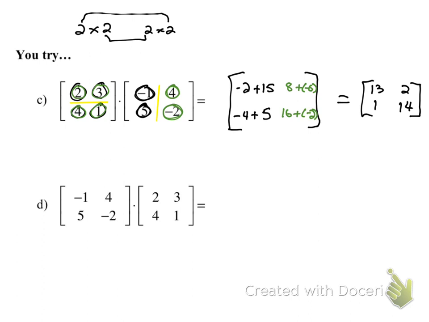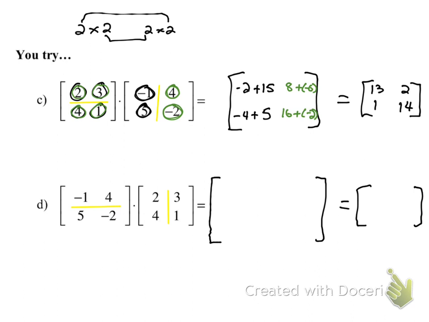All right, for D, rows, columns. Again, they're 2 by 2, so our answer will be a 2 by 2. Okay.